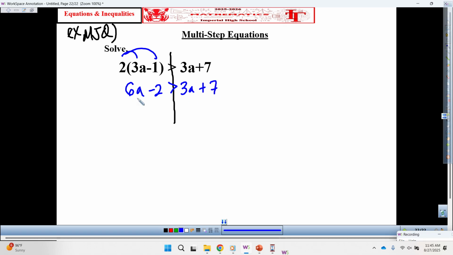Question, guys, can I simplify the left side anymore? No. How about the right side? No. Now that we have variables on both sides, what do we do next? Oscar, what do we do next?